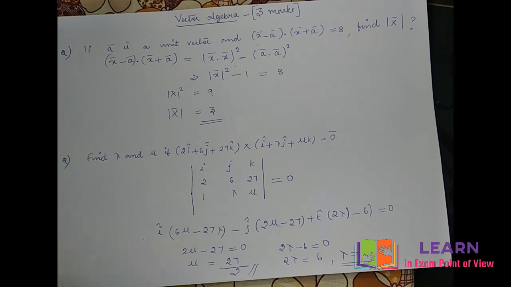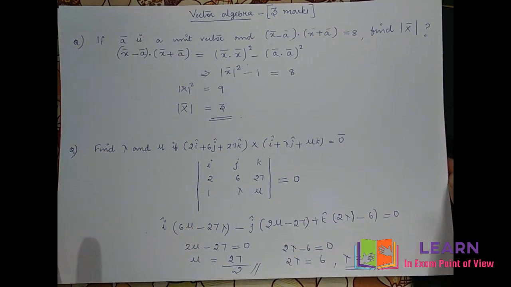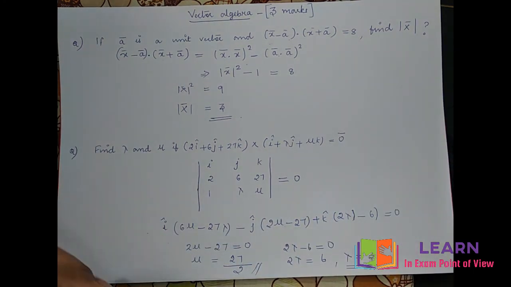So simple questions like this you can also expect. Practice similar questions we have discussed, like projection and area finding. Such questions are important, so keep practicing similar type questions. In the next class we can discuss 5-mark questions. Okay, till then bye.